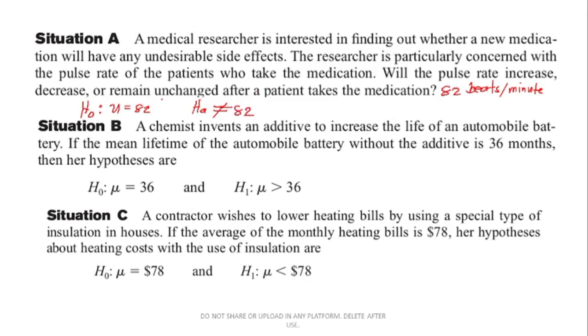So this will be our hypothesis here. So ang sinasabi dyan, will the pulse rate decrease? Will the pulse rate increase, decrease, or remain unchanged after the patient takes the medication? So ang magiging null hypothesis natin, sinasabi nito that the mean will remain unchanged. Ibig sabihin, hindi magbabago, will not change. So, the heartbeat is 82 beats per minute. So, your null hypothesis will be stated this way.